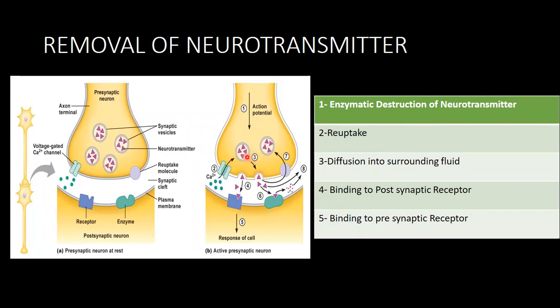The nerve ending vesicles contain acetylcholine, and these vesicles fuse with the presynaptic membrane and release acetylcholine into the synaptic cleft. The process of this release of ACh is known as exocytosis. So this is the complete process of how acetylcholine works.